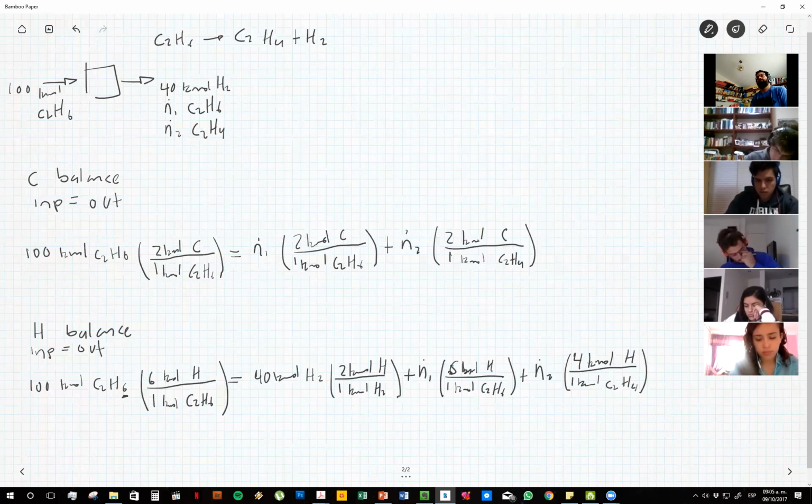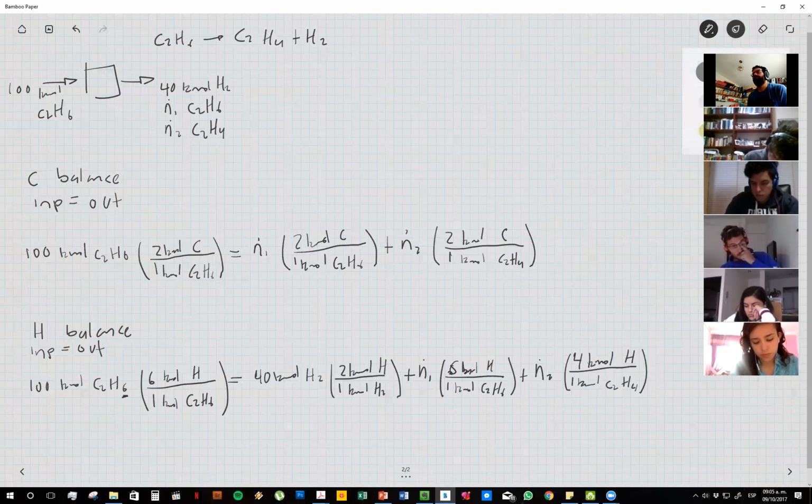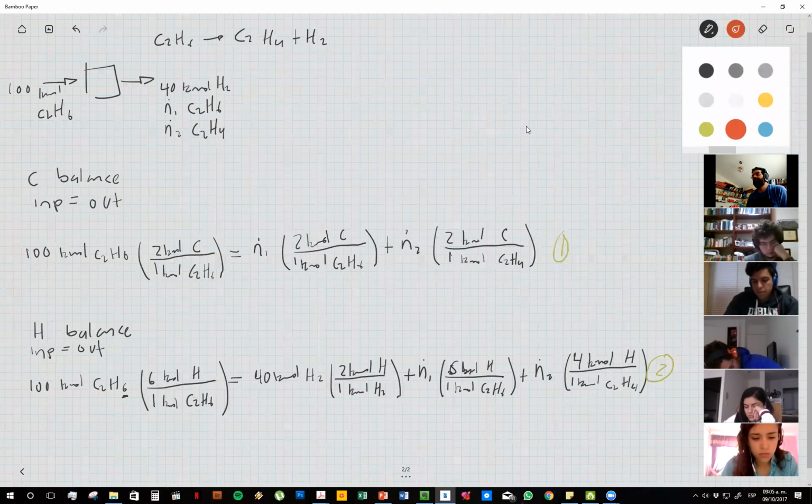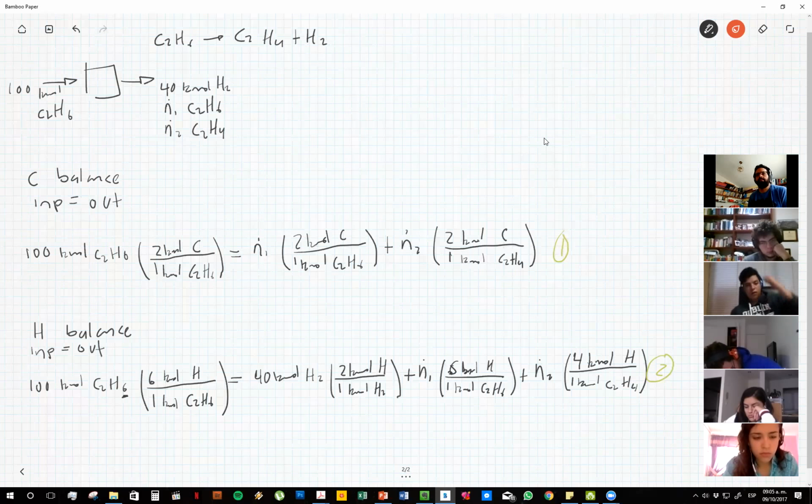So we have two equations. Let me grab another color. We have equation 1 and equation 2, and we have two variables, N1 and N2, in each of the equations, right? So if you solve these particular equations, you're going to find the same thing as we did with the last problem.